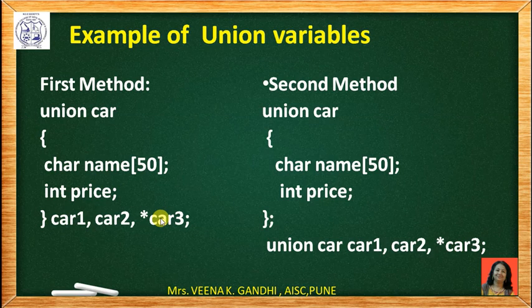So car3 is a pointer to union. In the second method, first you define the union completely. So union car, then in opening and closing braces you define the members. After that give a semicolon. After that you define the union keyword, then car and then variable names: car1, car2 and pointer car3.